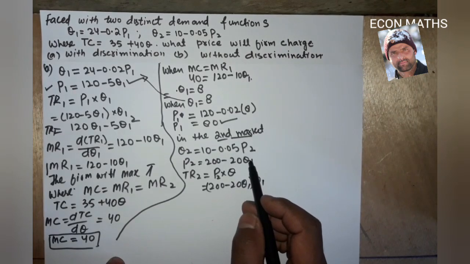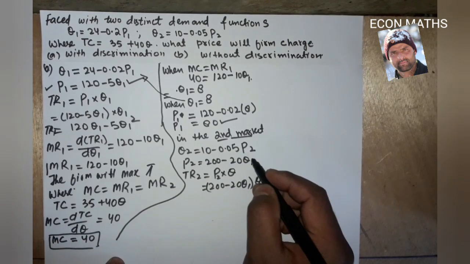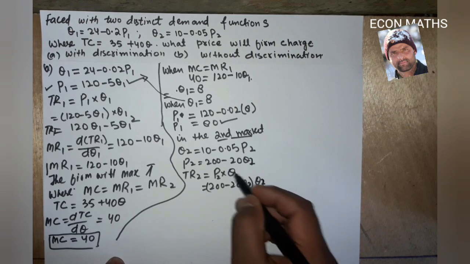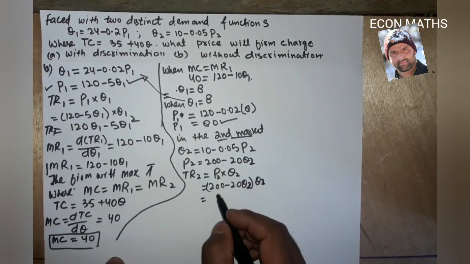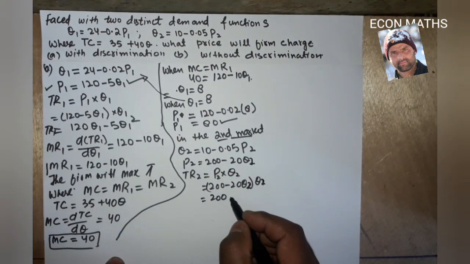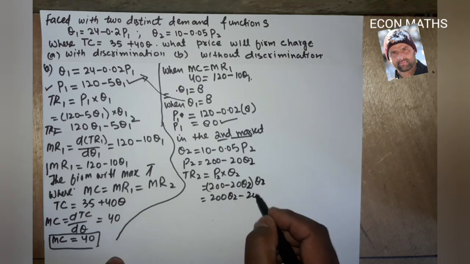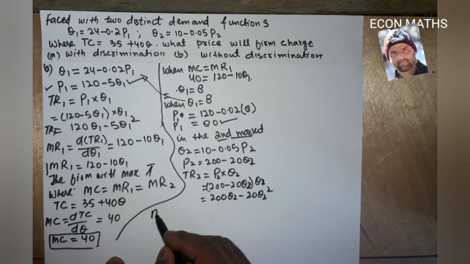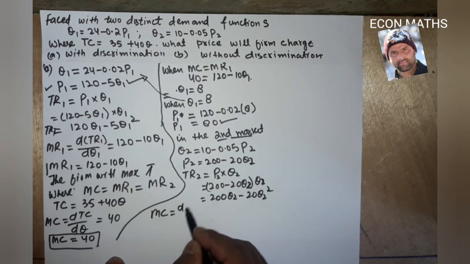Sorry, here it is Q2, because we are calculating for the second market. So this will become 200 Q2 minus 20 Q2 square. Now this is our total revenue. Marginal revenue is the first derivative of total revenue.